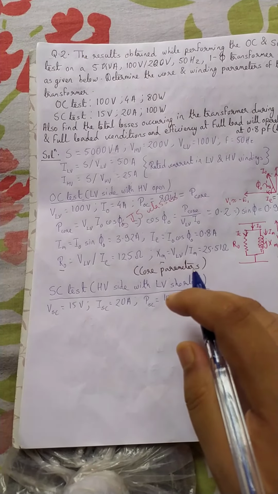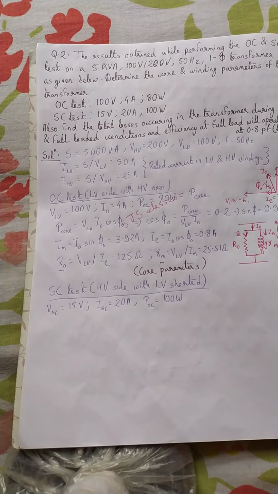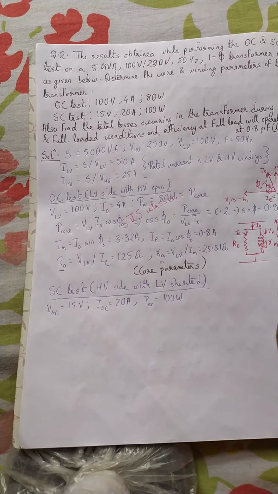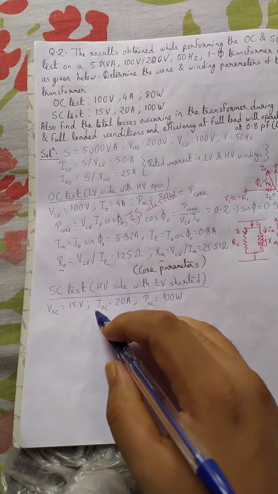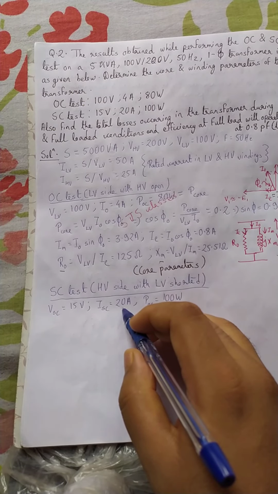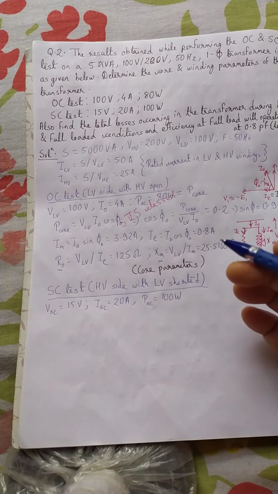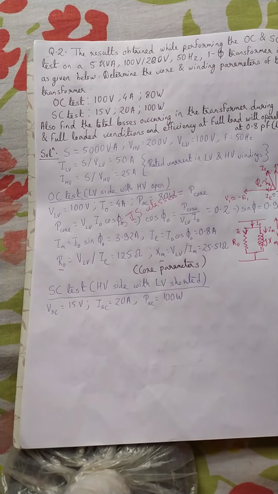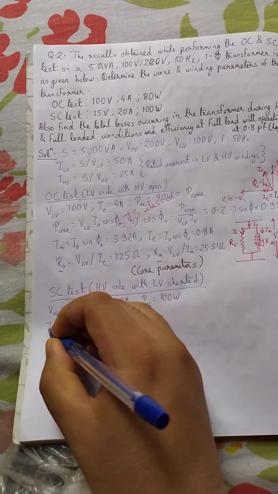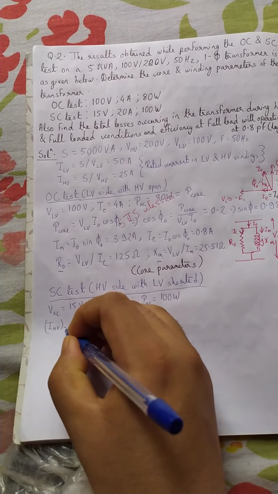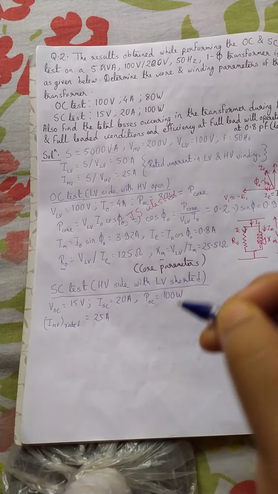Now by means of this short circuit test, we can find out the copper loss occurring in the transformer under full load condition. You could see we are not applying the full load. So for this current, the power is this one. So what will be the full load copper loss? How to calculate that? See what is happening there. IHV rated is equal to 25 ampere.